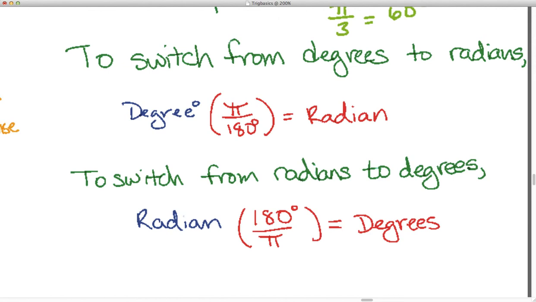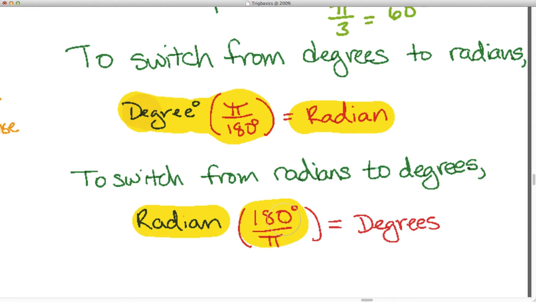Okay, anytime you want to go from a degree to a radian, you use this formula here. Take your degree, multiply it by pi over 180, and you get your radians. If you want to go from radians to degrees, take your radian measure, whatever pi, or pi over 3, and multiply it by 180 over pi. And that's how I got that 60 from pi over 3.